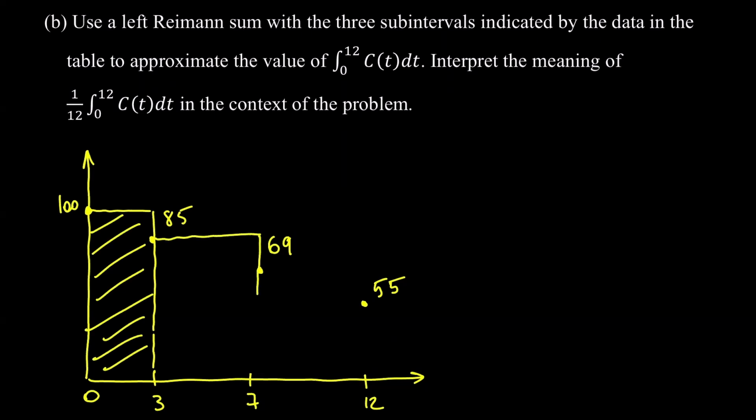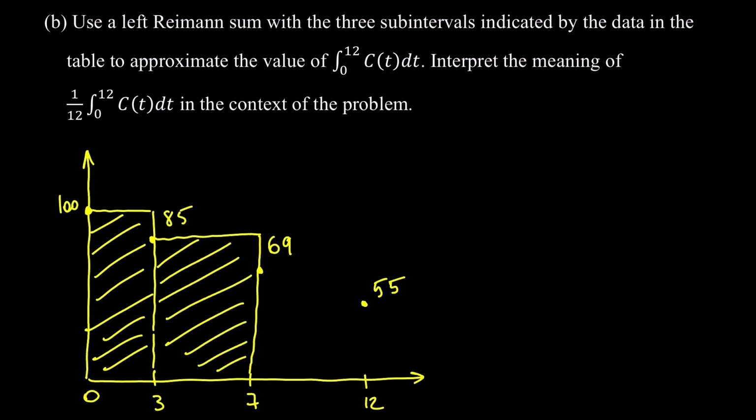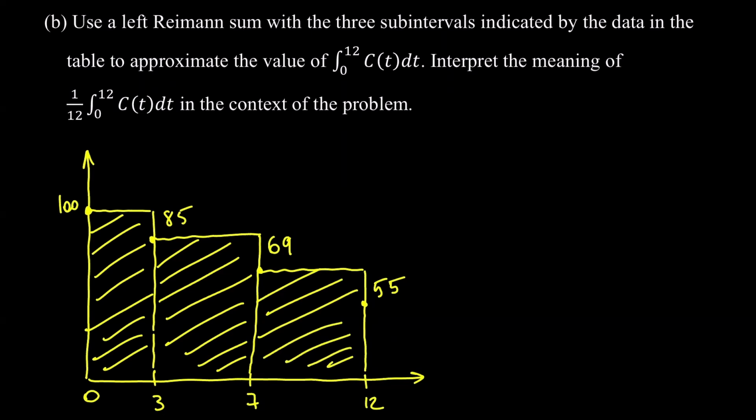For this rectangle, we approximate with base times the left side, which is 85. And for the last one, we approximate with base times height, which is 69.